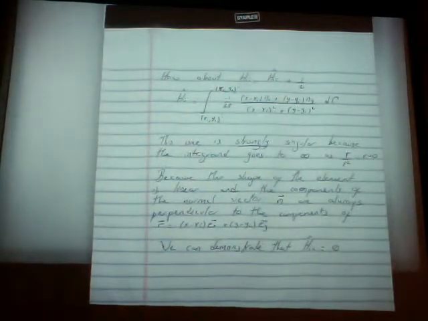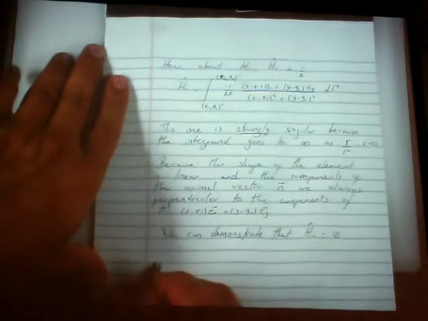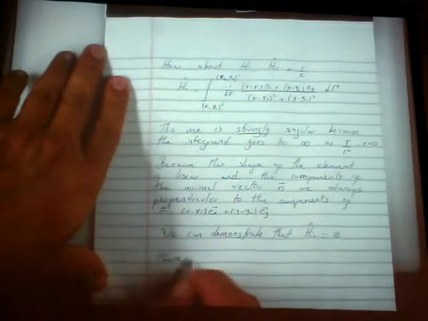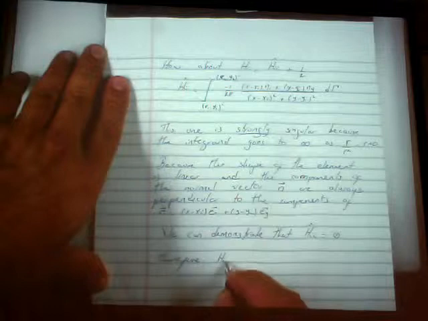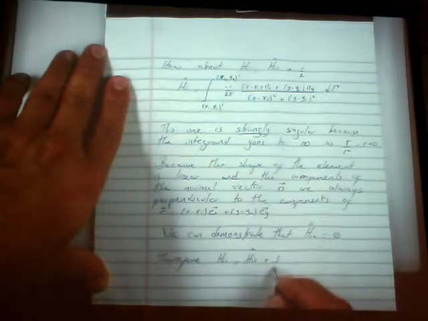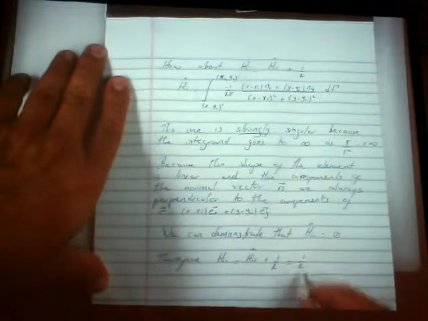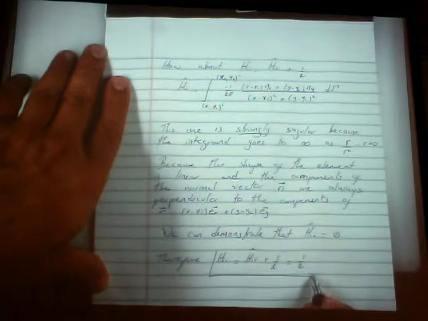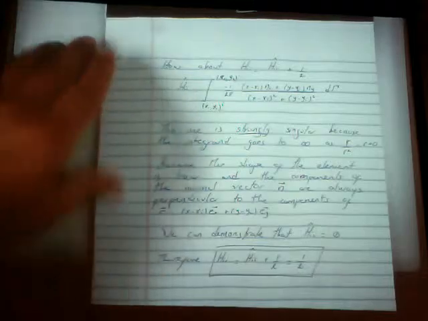Therefore, HII, which is equal to HII hat plus 1/2, is just simply equal to 1/2. All right.